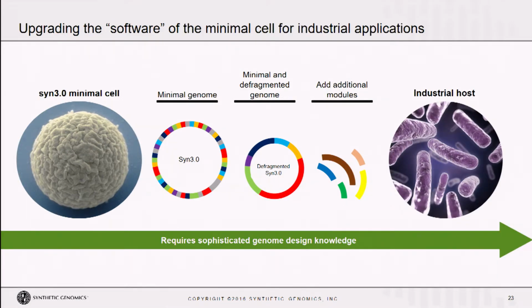We always imagined, once we got to this point, that we would use the minimal cell as a launching pad for making more complex and useful organisms that can be used in industry.